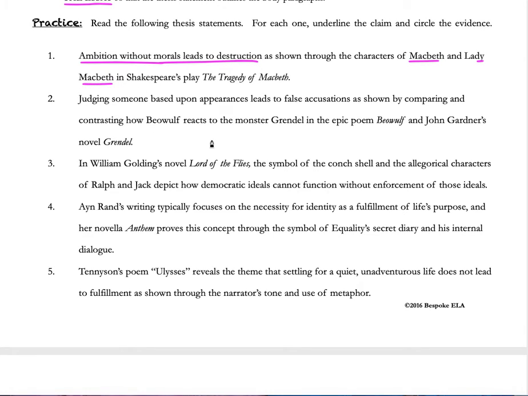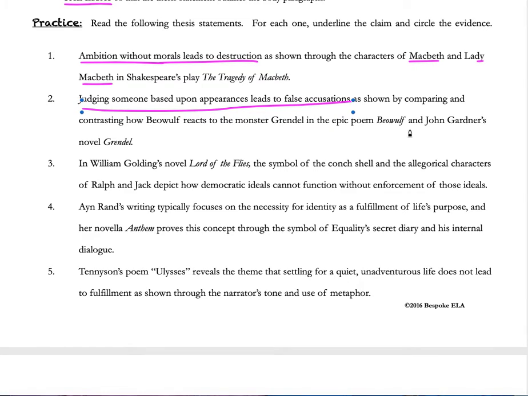Second sentence. Judging someone based upon appearances leads to false accusations as shown by comparing and contrasting how Beowulf reacts to the monster Grendel in the epic poem Beowulf and John Gardner's novel Grendel. So our theme statement or our claim: judging someone based upon appearances leads to false accusations.